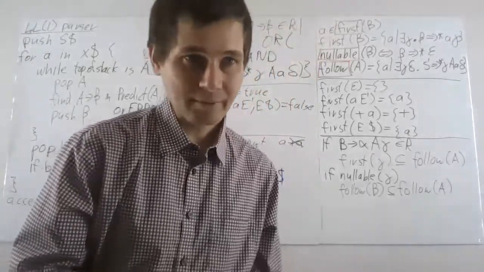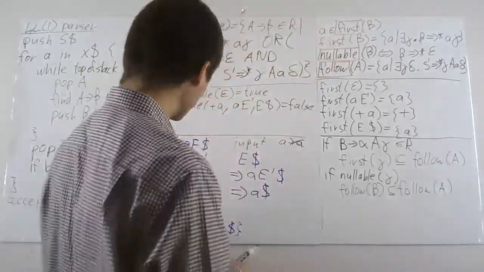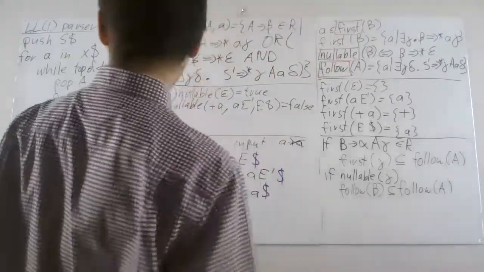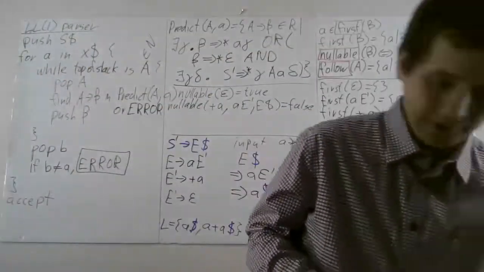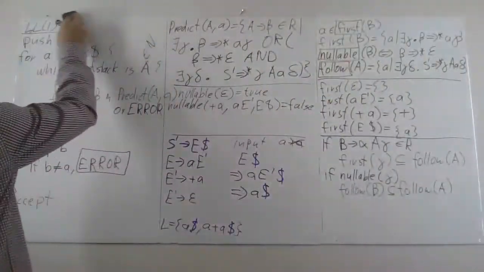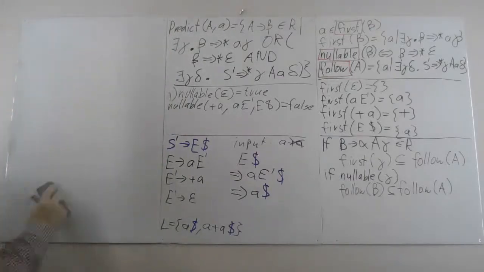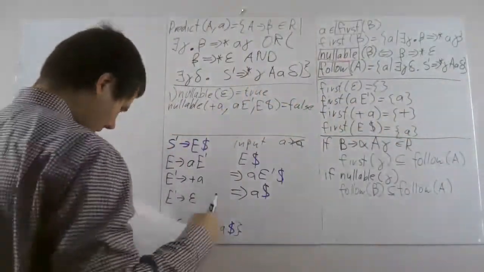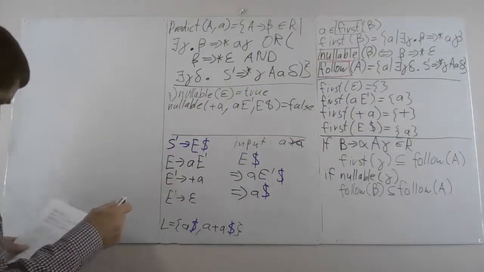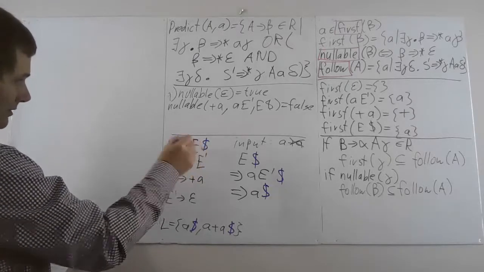my example grammar here. So let's see. Okay, so I see E on the right-hand side of a production rule.